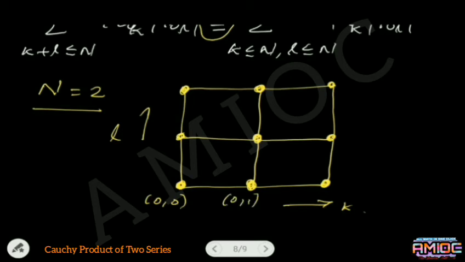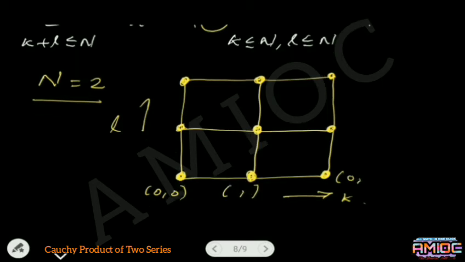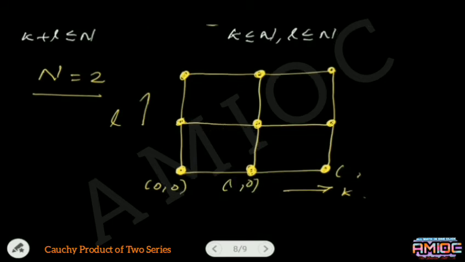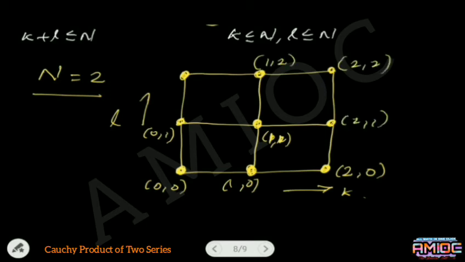This is 0, 1 here, 0, 0, 1, 0, 2, 0, here 0, 1, 1, 2, 1, 1, 1, 2, 2, 2, 2, 1 and here 0, 1.